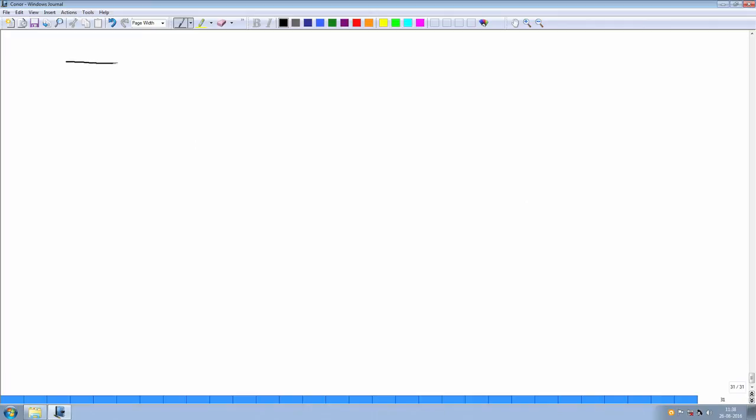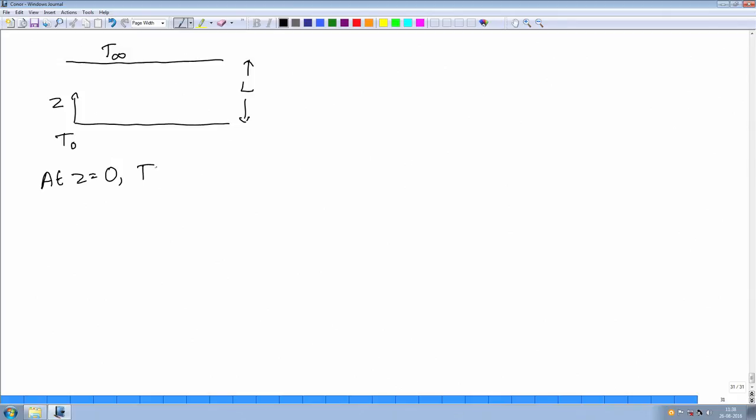What we had was transport in a finite channel of cross sectional distance L. The top surface was at temperature T infinity, the bottom surface at temperature T naught. So, if I consider this as the z coordinate, the boundary condition was that at z equals 0, T equals T naught, and at z equals L, T equals T infinity.